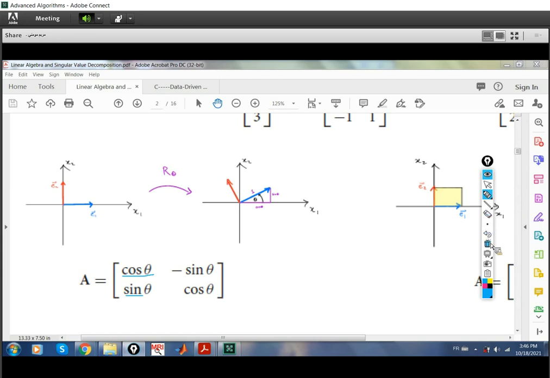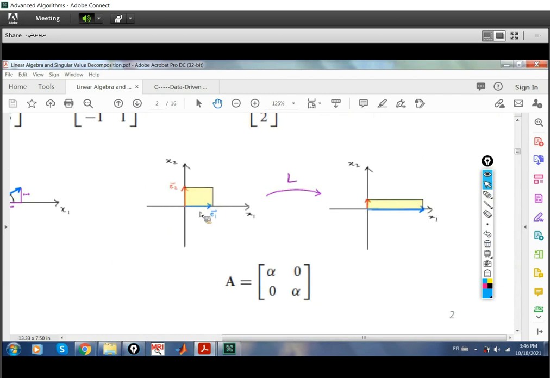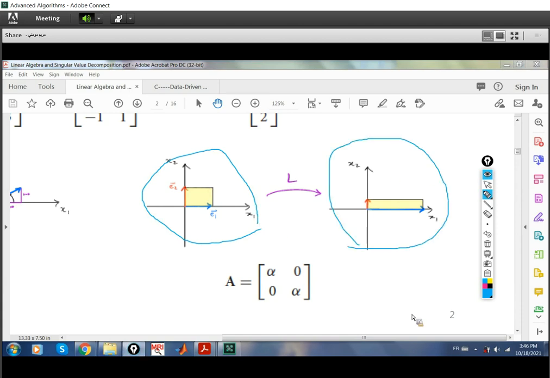Another thing, if you want to stretch these vectors, stretch means consider the first vectors and the second on the right. Compare the blue on the left and blue on the right, red on the left and right.